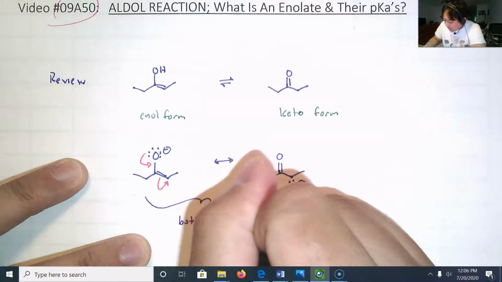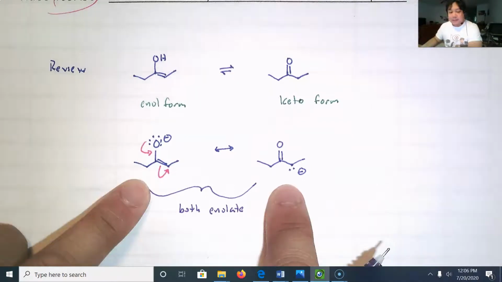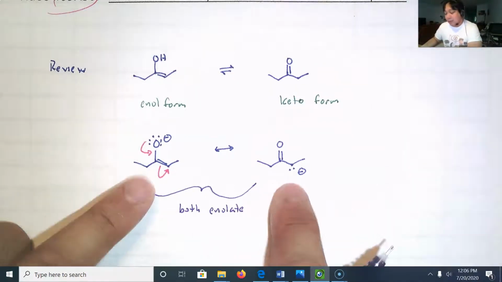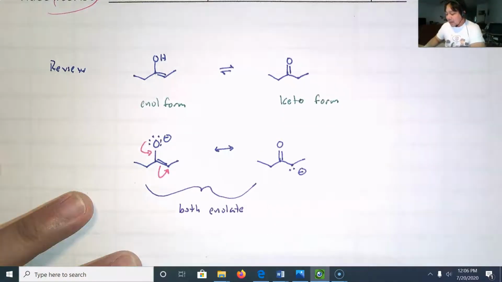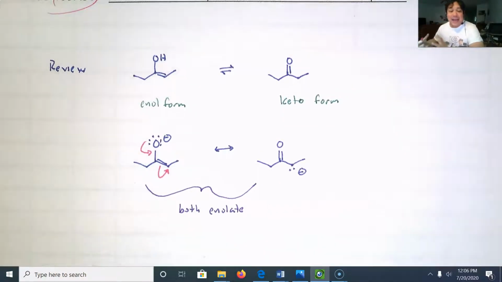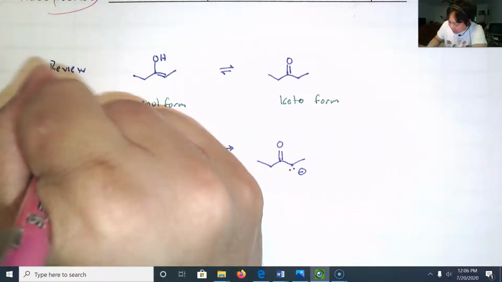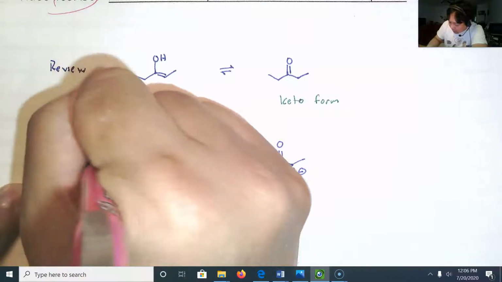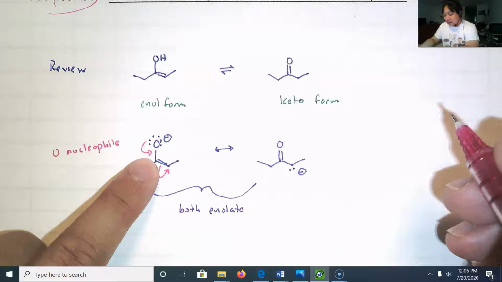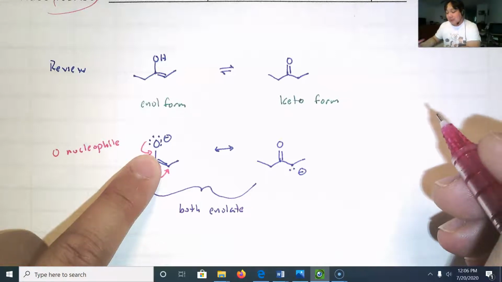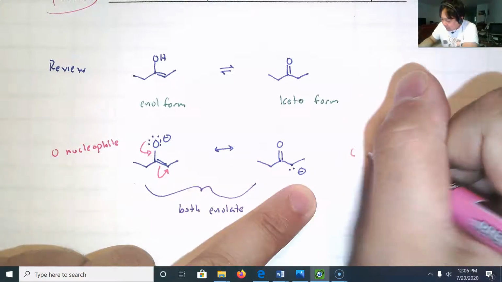So when a professor says enolate, you've got to be prepared because either one of these is correct, okay? And you would probably want to know both. Because what do we have here now? We have an anion, so we have an attacker. We have nucleophiles. We could have an O nucleophile if the form attacks from the O minus, or we could have a C nucleophile.